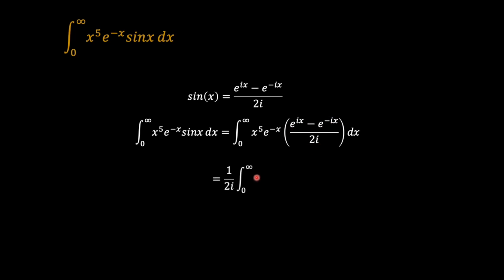Next, I would want to pull out the constant 1 over 2i and then multiply like terms. So we have the first component, x to the power 5 times e to the power (i minus 1) times x. And then the same thing for the second term, which is x to the power 5 times e to the power negative (i plus 1) times x.